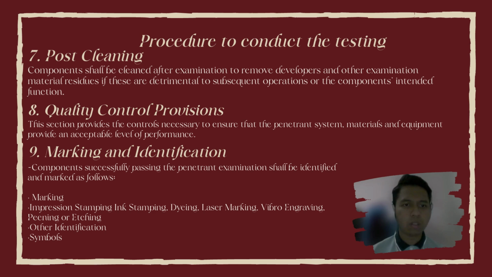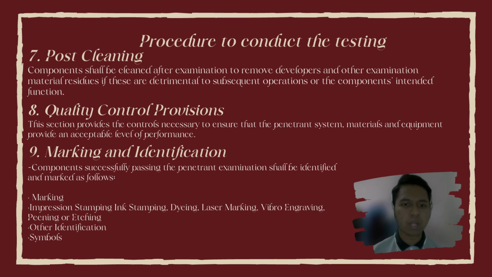Next, quality control provision. This section provides the control necessary to ensure that the penetrant system, material, and equipment provide an acceptable level of performance. And the last step is marking and identification.